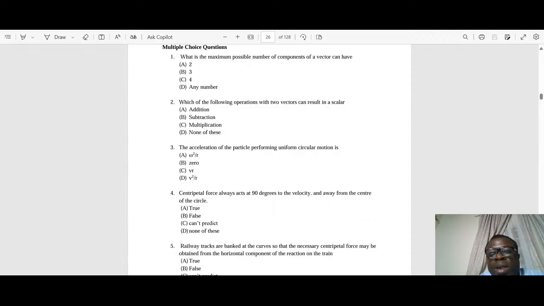I need your answers. Somebody says B. Please understand the question first. What is the maximum possible number of components a vector can have? A, 2. B, 3. C, 4. D, any number.